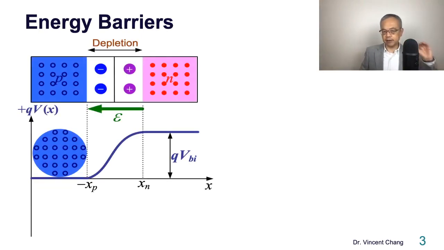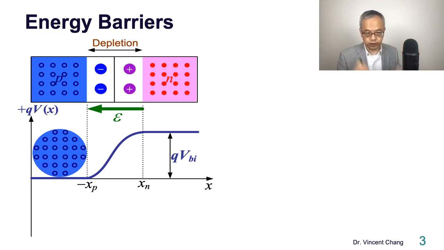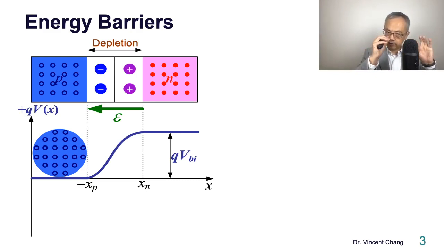And then the concept of energy barrier. On the left-hand side, under the thermal equilibrium condition, there are abundant holes, because in the p-type the majority carrier is hole. So a lot of holes on the left-hand side are facing rightward, and they see an energy barrier.